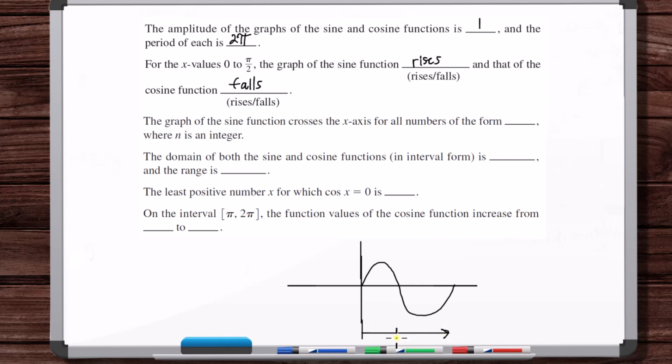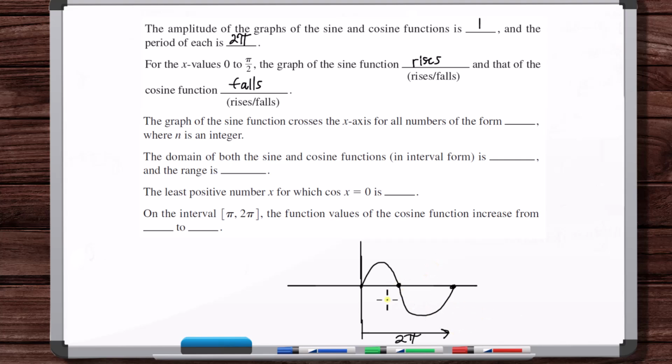A feature of all sinusoids is that these key points, the x-intercepts and the peaks and troughs, are all equally spaced across the period in all circumstances. In other words, no matter how the sinusoid is transformed in any way, that's still going to be the case. So the sine function, they're asking about these x-intercepts here in this question.